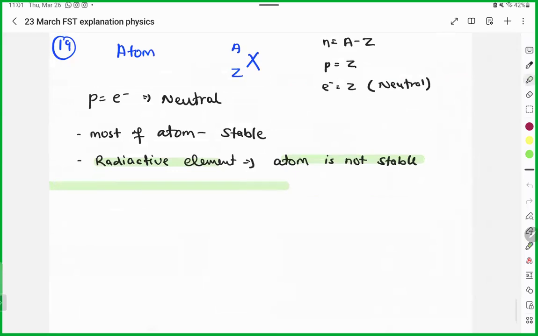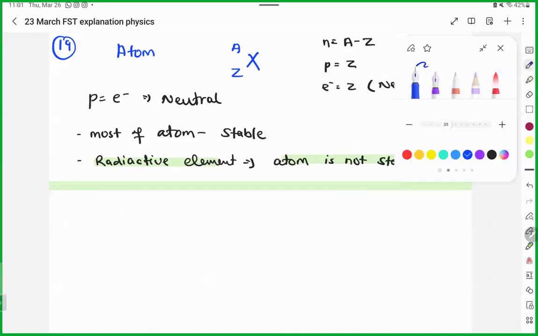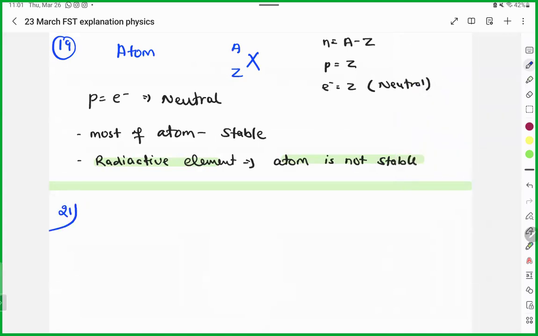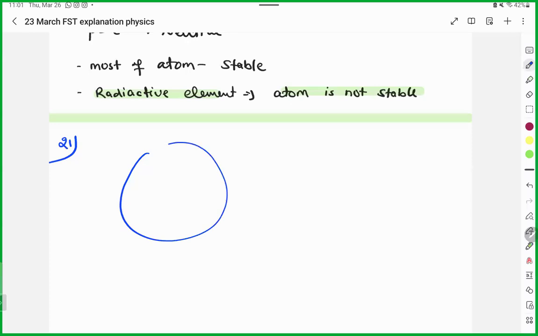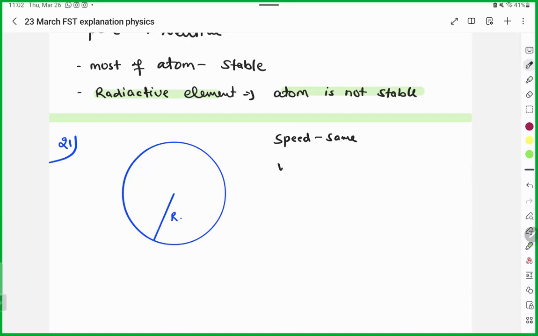So, in question number 21, what will happen whenever there is a circular motion? In case of circular motion, radius is r, correct? So, in this case, speed is the same, but velocity direction will change.